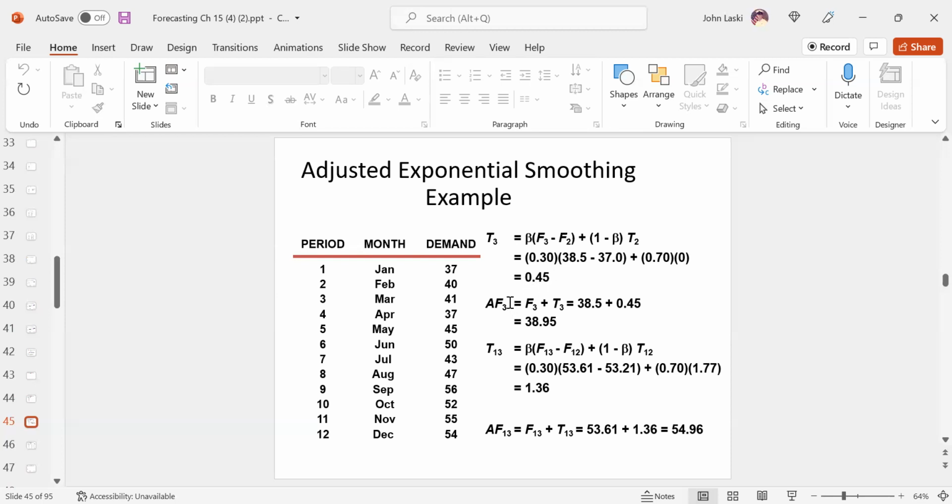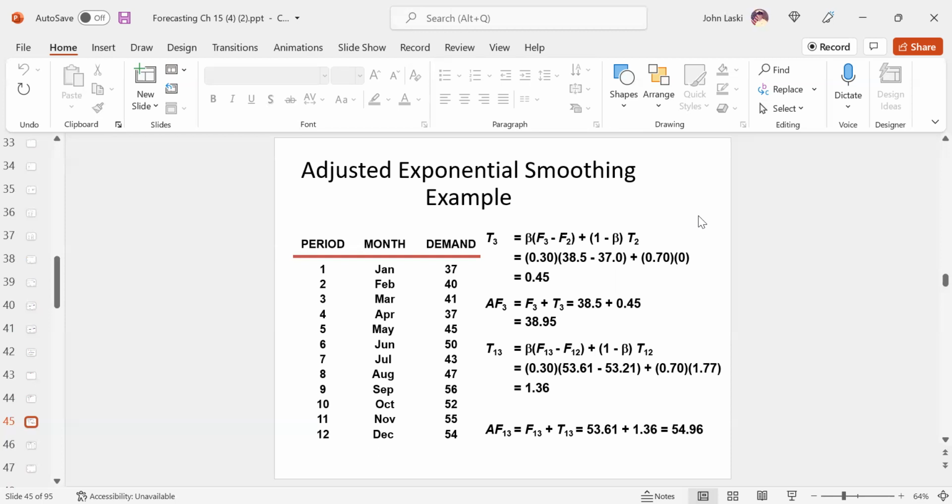So to get the adjusted forecast for period 3, it's the forecast for period 3 plus the trend for period 3. So it's that 38.5 plus 0.45. So our adjusted exponentially smoothed forecast is then 38.95.